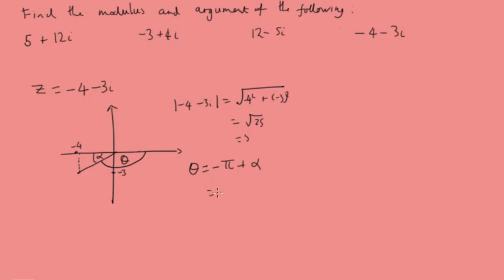So it's going to be minus pi plus, and alpha is going to be the inverse tangent of this bit here's 3, and this length here's 4, which comes out at minus 2.50. And remember, these are all in radians.